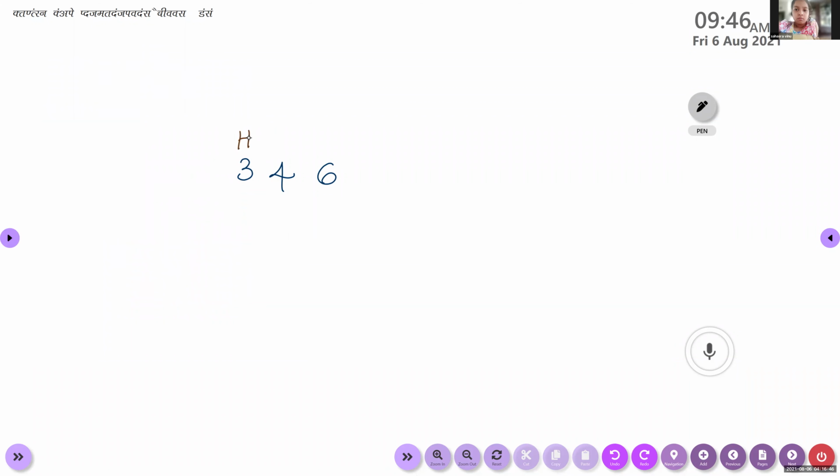And 4 is in? Tens place. 6 is in? Ones place. So for the place value of 6, you have to tell the digit along with the place. The place value of 6 is 6 ones. What does 6 ones mean?